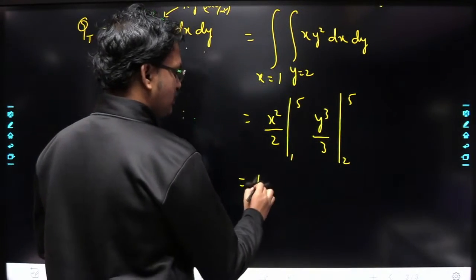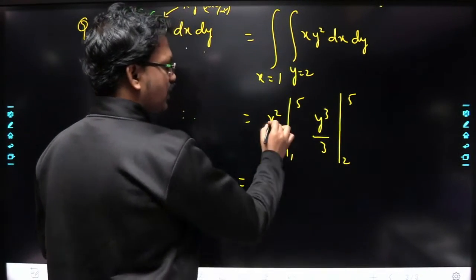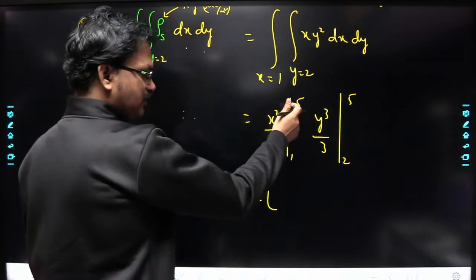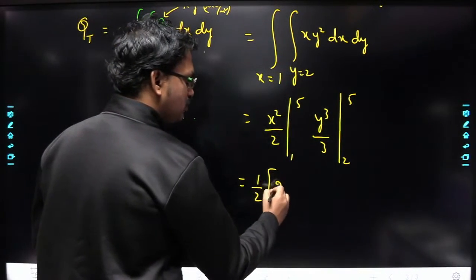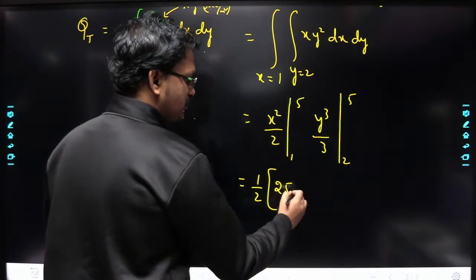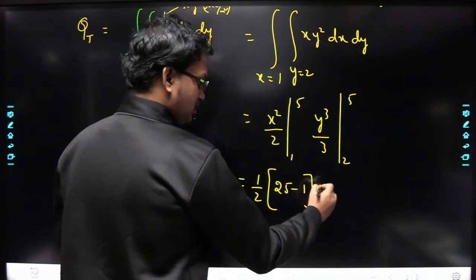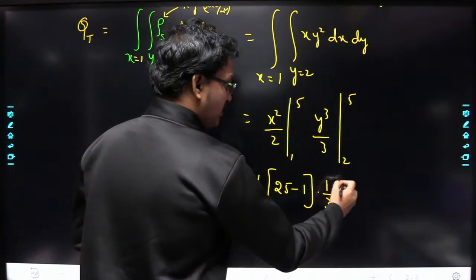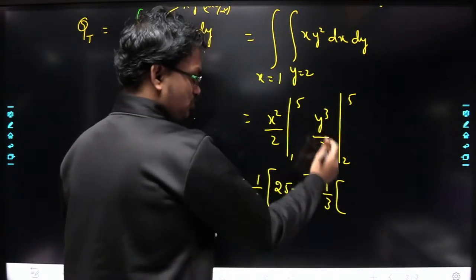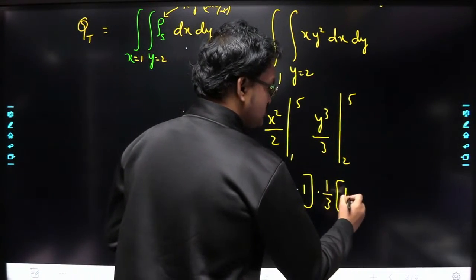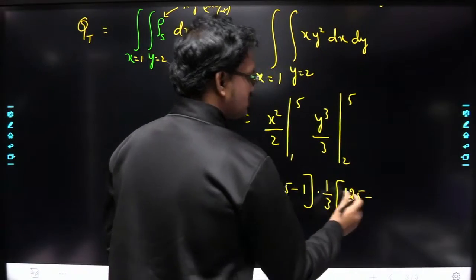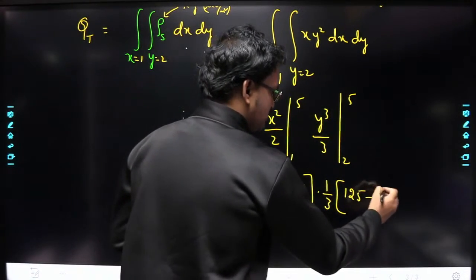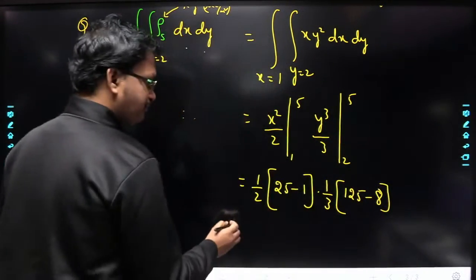Now if you substitute, here 1 by 2 into x, substituting the ranges, you get 5 square minus 1, that is 25 minus 1, into 1 by 3 into 5 cube minus 2 cube. 5 cube is 125 minus 2 cube, which is 8.